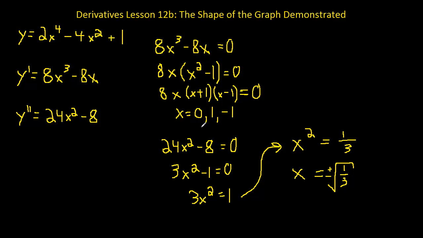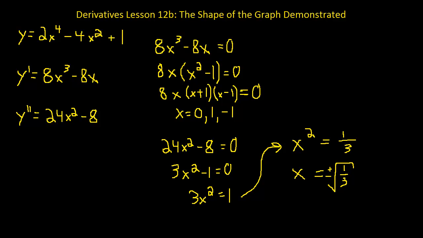So because the slope is 0 at these points, there's a chance that we'll find a local extreme. It depends on what this graph looks like with the second derivative. So these are possible local extreme values. Here, at negative radical 1/3 and positive radical 1/3, we're probably going to see a change in concavity.